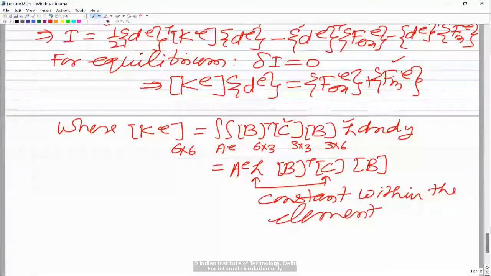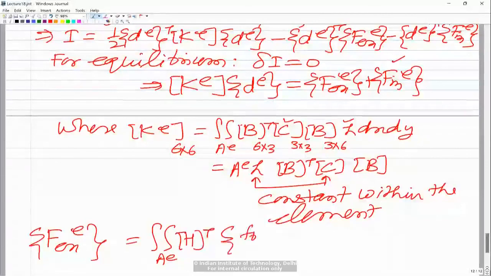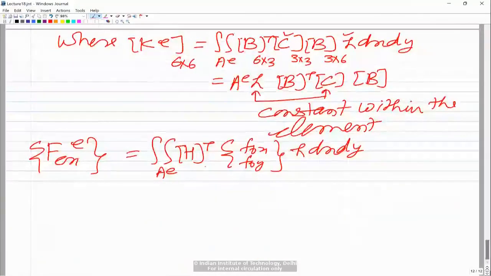So this is the element level stiffness matrix, and similarly the external load vector is of course the integration over area of H transpose into the body forces FBX and FBY, and then dx dy. Keep in mind H is a 2 by 6, its transpose is going to be 6 by 2, and this is going to be 2 by 1.